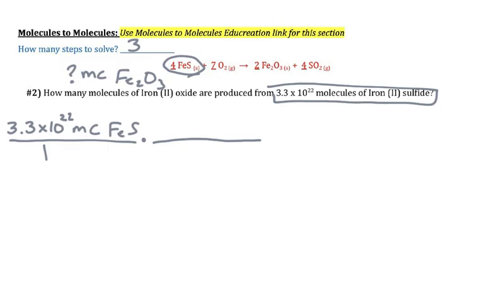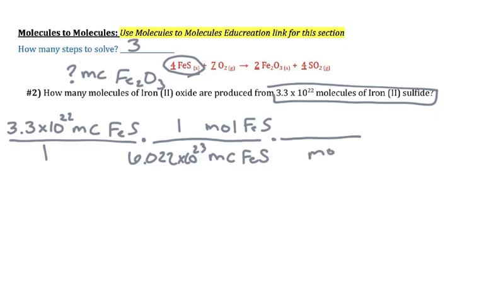I need to get rid of molecules of iron sulfide and go to moles of iron sulfide, because getting to moles of iron sulfide is how I can do that molar conversion, that molar ratio using my reaction. So that's 6.022 times 10 to the 23rd molecules underneath 1 mole. And now I'm getting rid of my moles of iron sulfide.